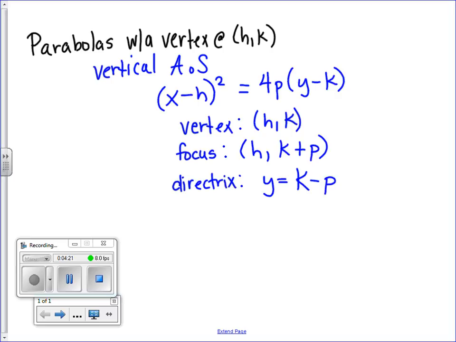You're still going down p units. It's just that you're starting at some place other than 0. So you have to write it out. P is positive, that hasn't changed. If p is positive, it opens up. If p is negative, it opens down.